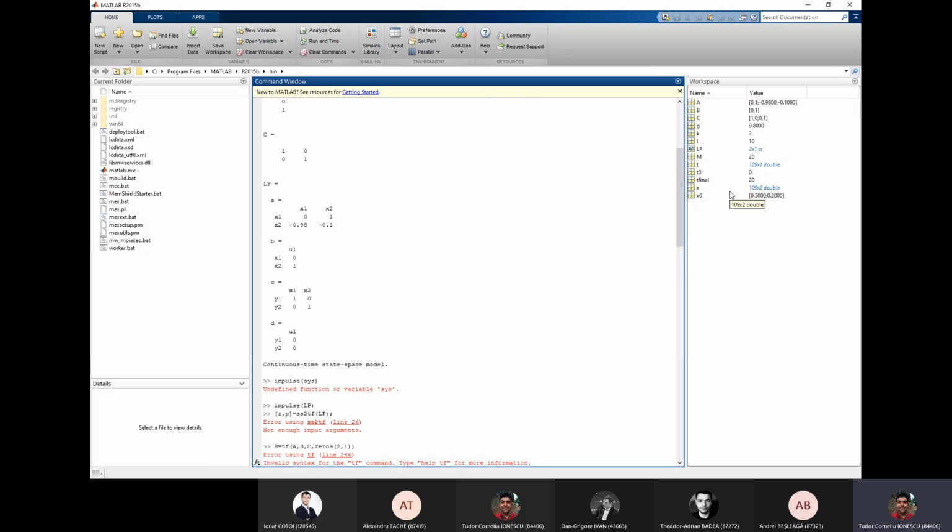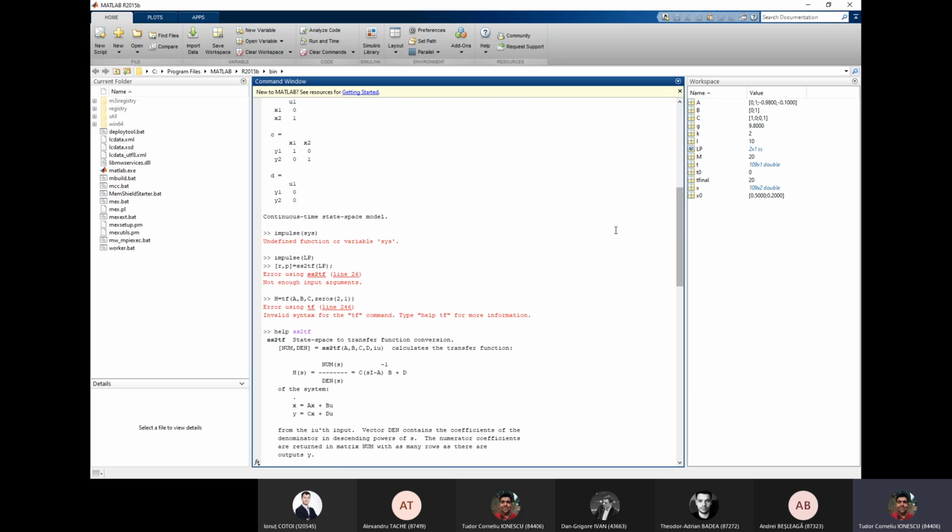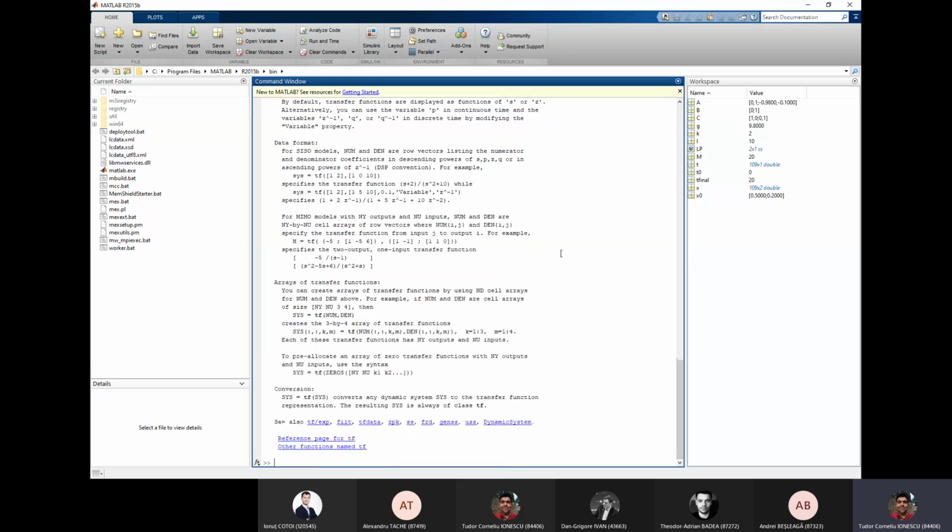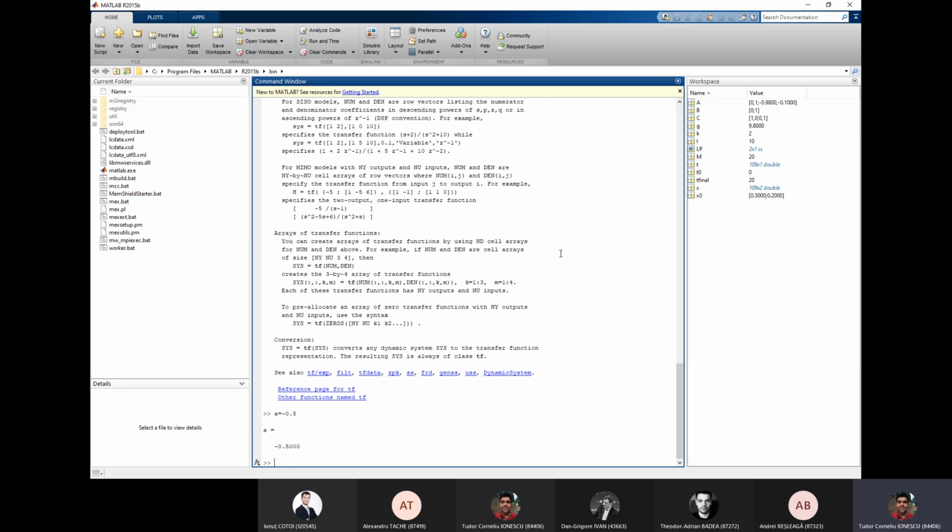Okay, all right. So now it's interesting to see if we can substitute this with a first order model. So what does this mean? We can build now A equals, say, minus 0.5. B is 1.